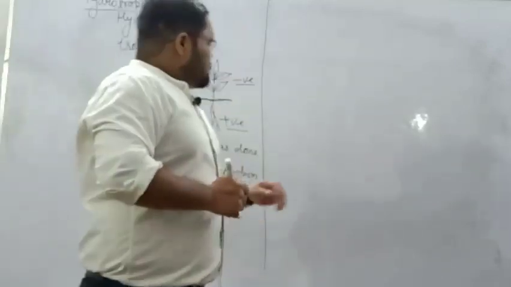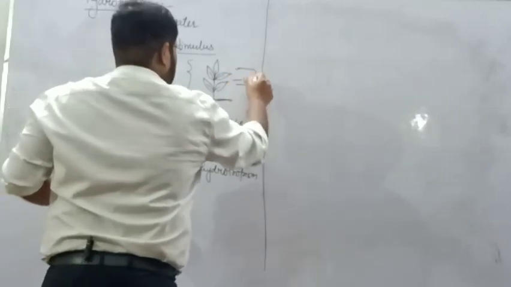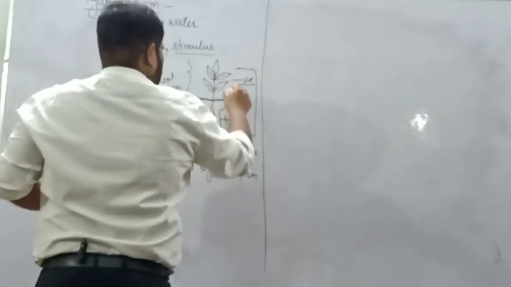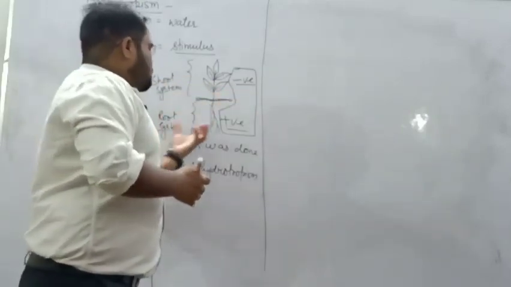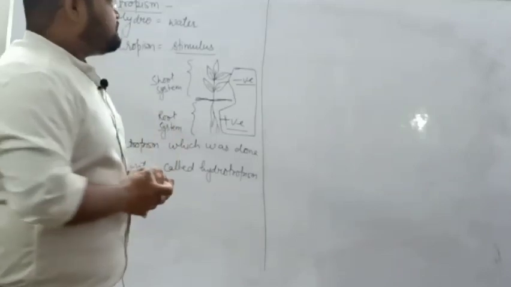The question will always ask this: in hydrotropism, the shoot gives negative and the root gives positive. Clear?